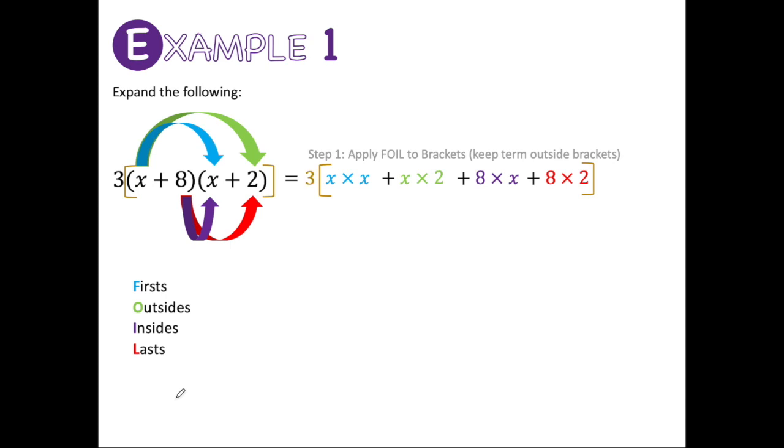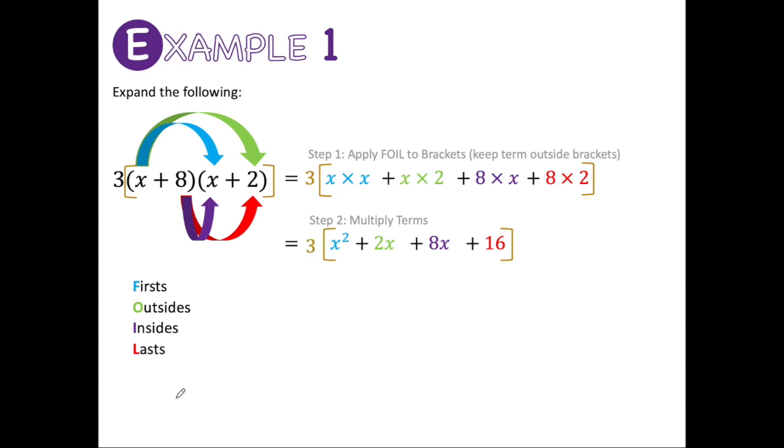Now I'm going to go ahead and simplify my expanded expression inside the brackets. So I'll do that by multiplying the terms. So x multiplied by x is x squared, and then plus 2x plus 8x plus 16. Again, I'm going to put that into a set of brackets and keep the outside term of 3 on the outside.